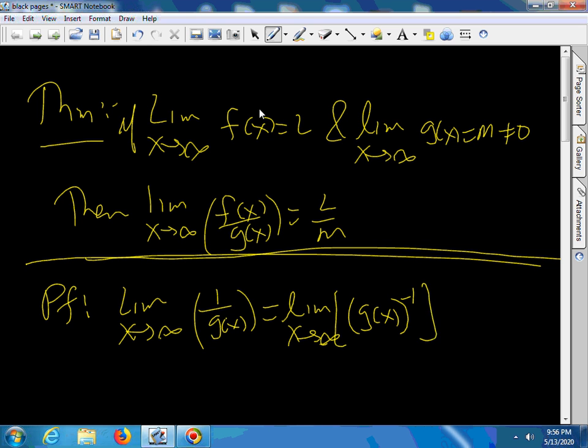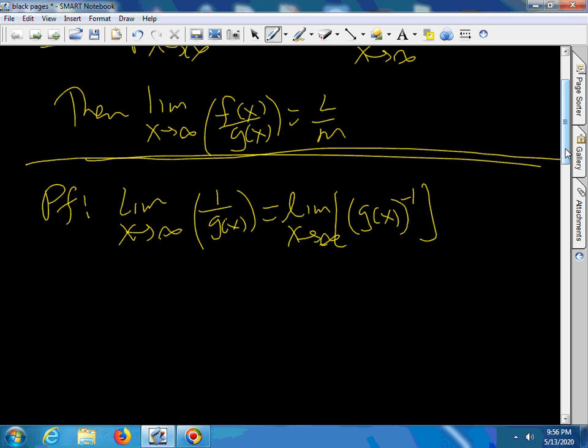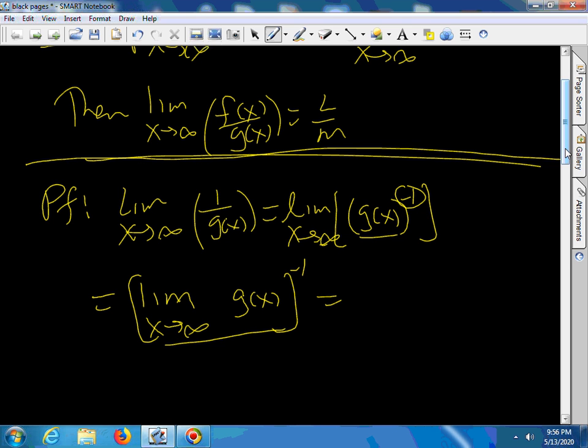So it's the limit of that. But we have a theorem that says we have a limit of a function to a power. You can find the limit of the function and then raise it to the power. But we know this limit. It was given to be m. So the limit we want is m to the negative 1 or 1 over m.